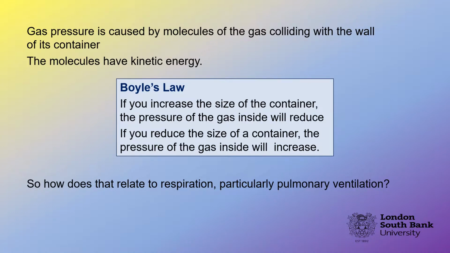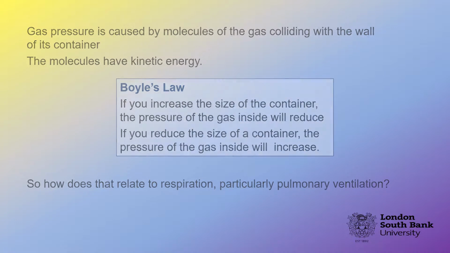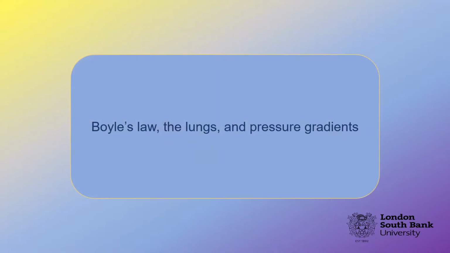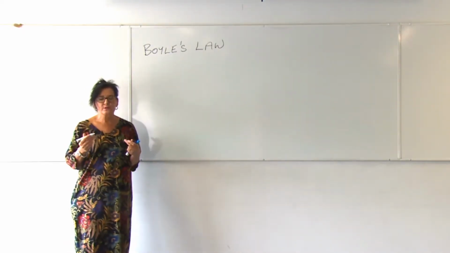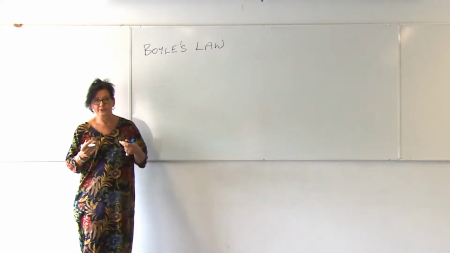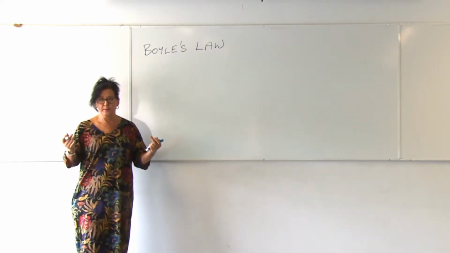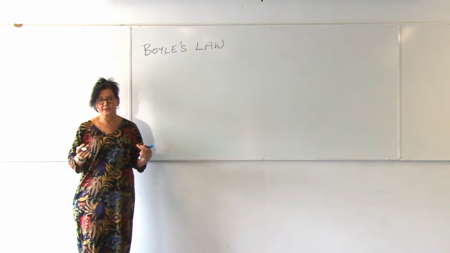So how does this relate to respiration, and in particular what we're talking about, pulmonary ventilation? Okay, so Boyle's law. Boyle's law is all about volume and pressure. So as volume goes up, pressure goes down, and vice versa.